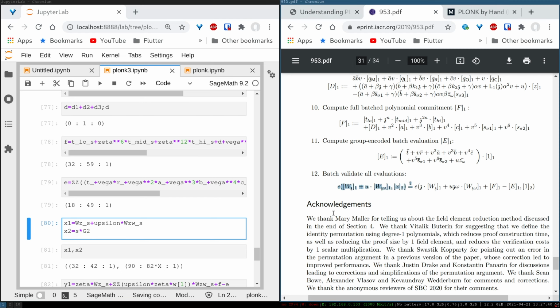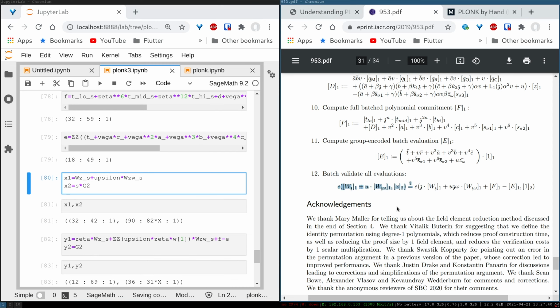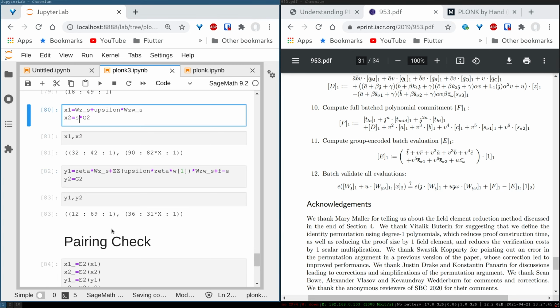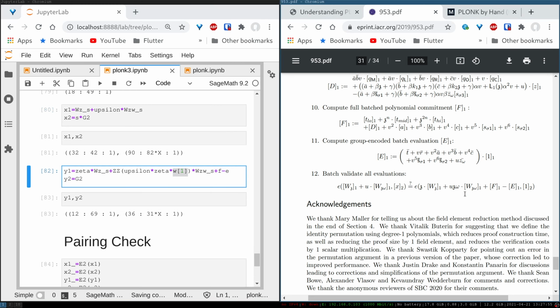So the little x here is our S here, and these 2 points are going to be part of the first pairing, and we have 2 other points for the second pairing, which is zeta times WZ plus epsilon times zeta times WZW, multiplied by W of Z plus F minus E. So this term here is this Y1, and the fourth point is simply the generator of the second group.